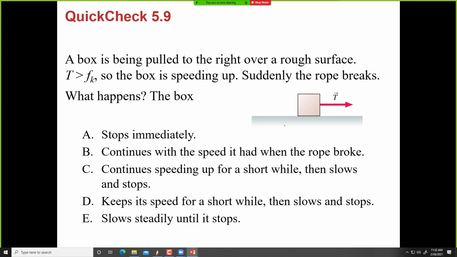There is this kinetic friction exerted on this block by the surface. Will it stop immediately, or continue with the speed it has when the rope broke? Continues speeding up for a short while, then slows and stops. Keeps its speed for a short while, then slows and stops, or slows steadily until it stops.